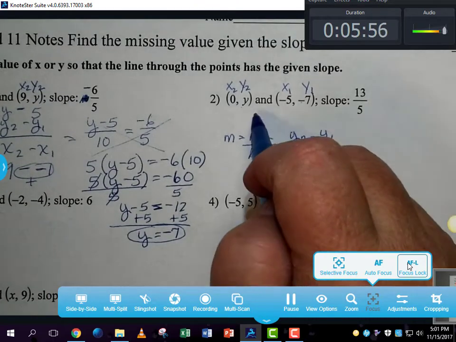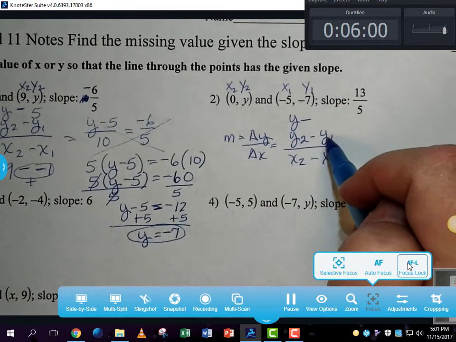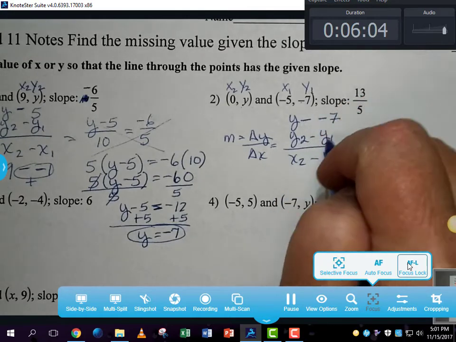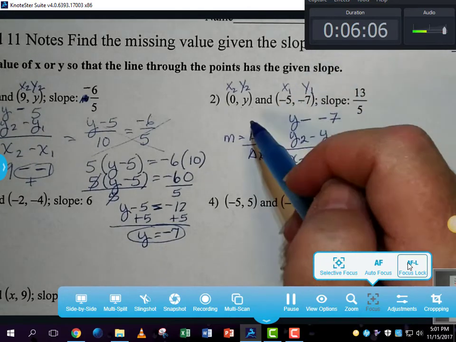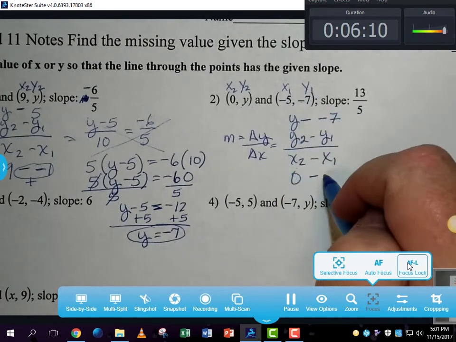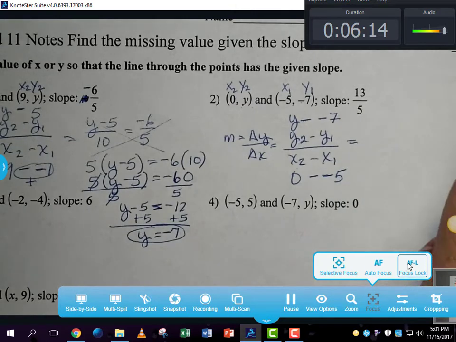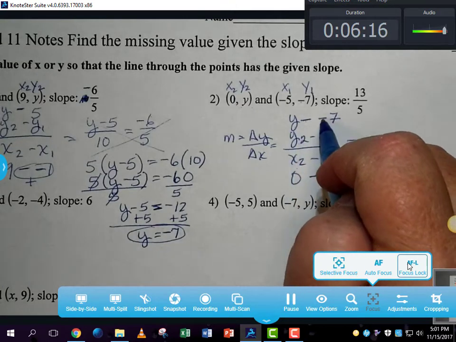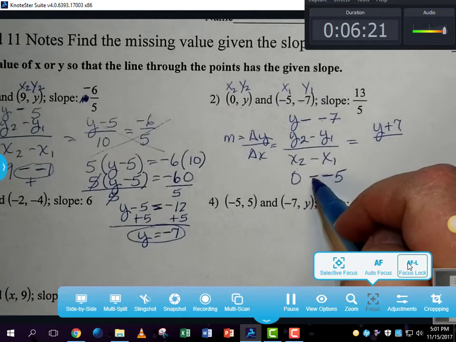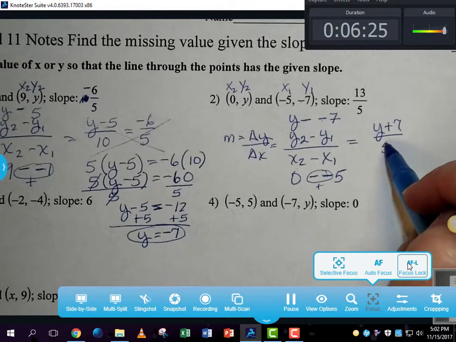So I have y sub 2, which is going to be the y, minus y sub 1, which is negative 7. I have x sub 2, which is 0, minus x sub 1, which is negative 5. I'm going to go ahead and simplify this. y minus negative 7 is y plus 7. And 0 minus negative 5 is 0 plus 5, which is going to be 5.